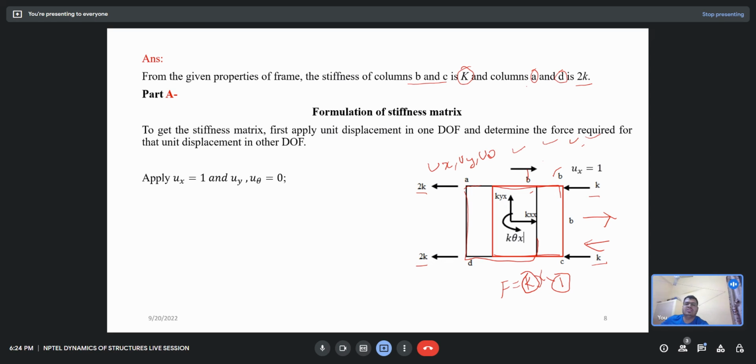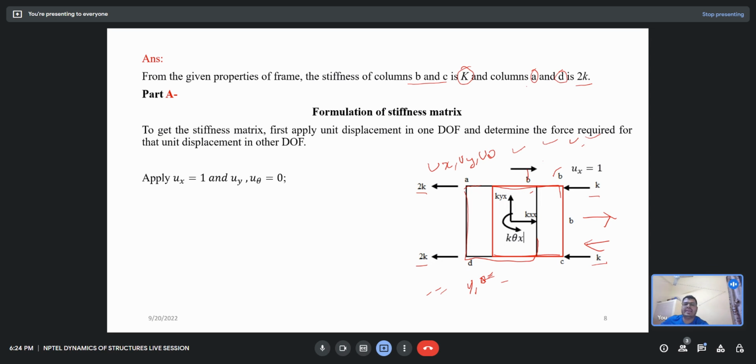And in the other directions, because the displacement is uy or theta, that is 0, so the force developed in this direction is also 0.